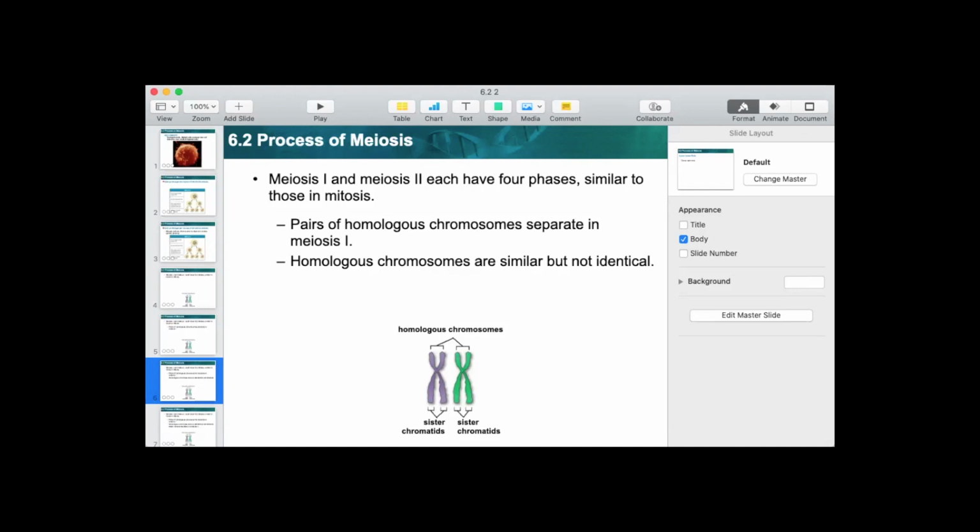In mitosis, homologous chromosomes never pair up. We never see the mixing of traits. You just see the division of sister chromatids.